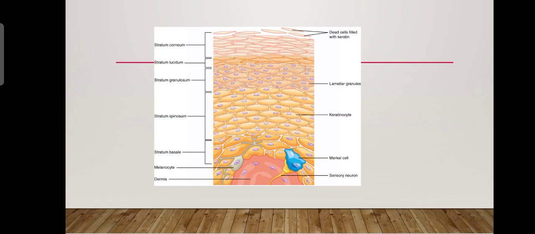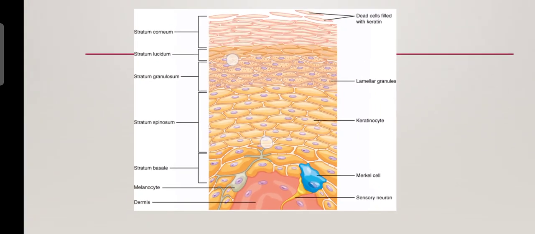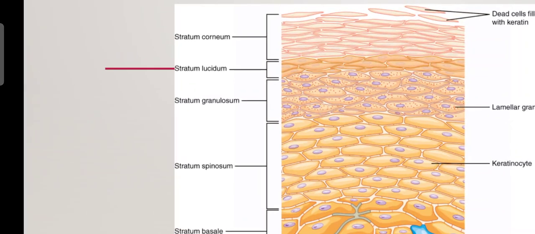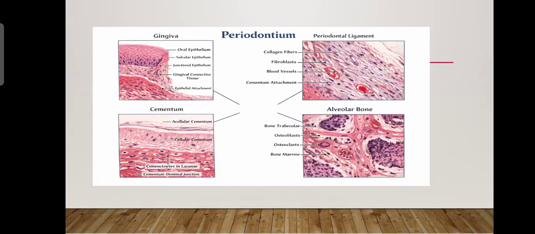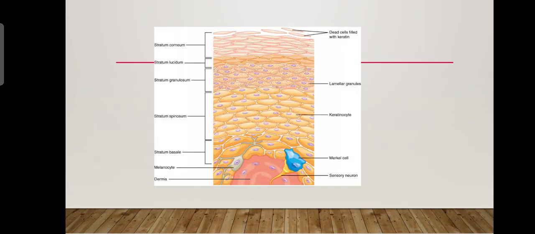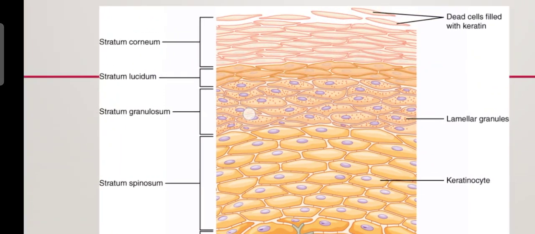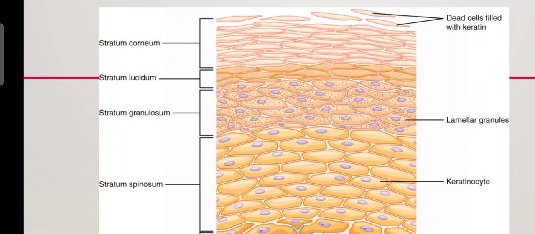Now, this is the slide of epithelium layers, just to make it clear what the layers in epithelium are. This is stratum corneum. It is not present in non-keratinized epithelium, and stratum granulosum is somewhat less in non-keratinized. Then this stratum lucidum is present in some cells, it's not present in all.